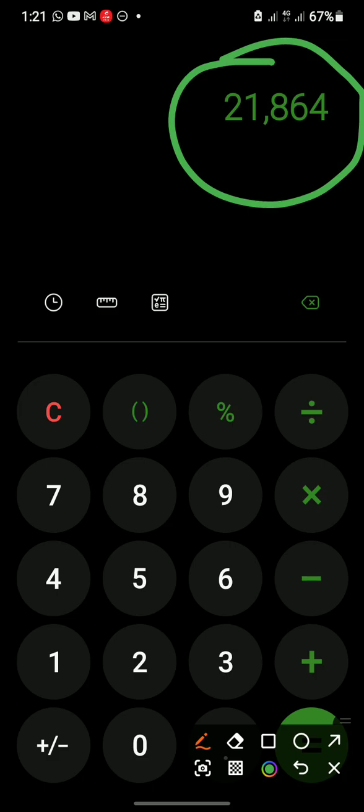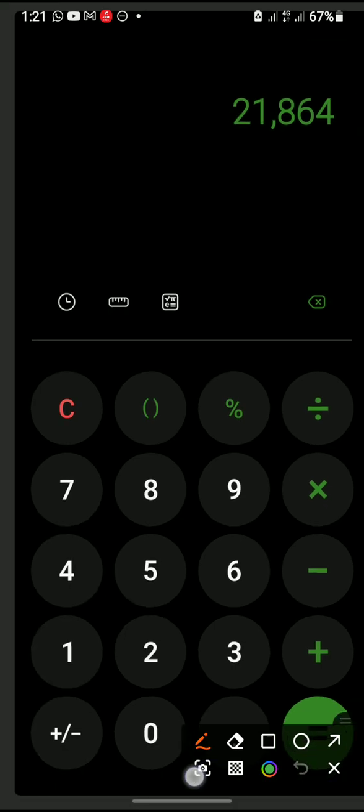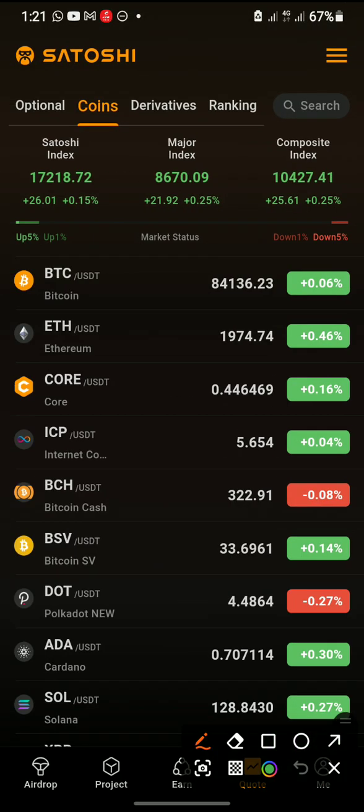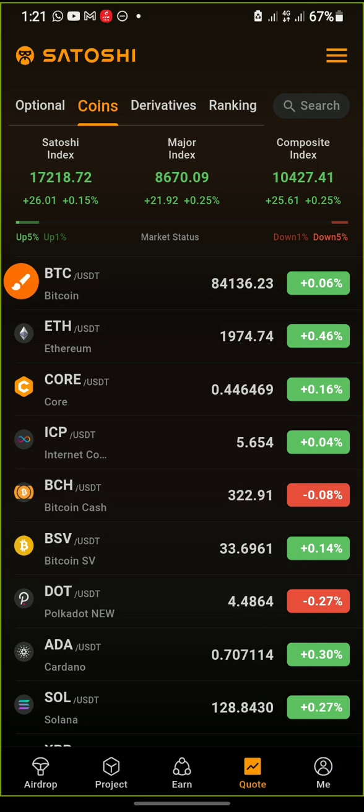Okay, let's look at the current value of what is going on. The current value of Pi, let's look for Pi right now.